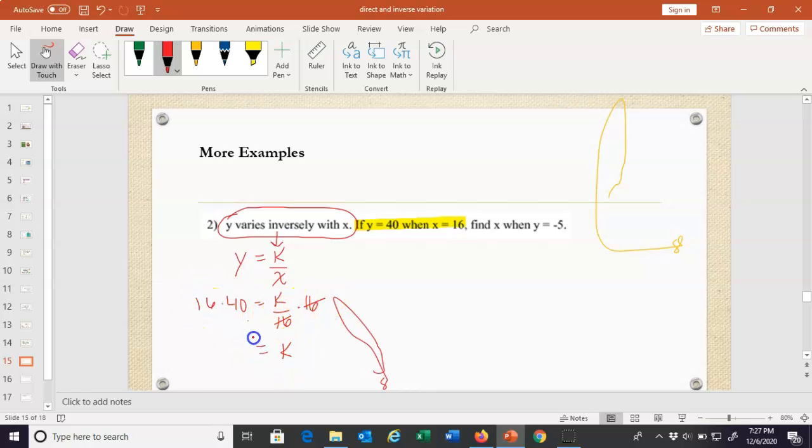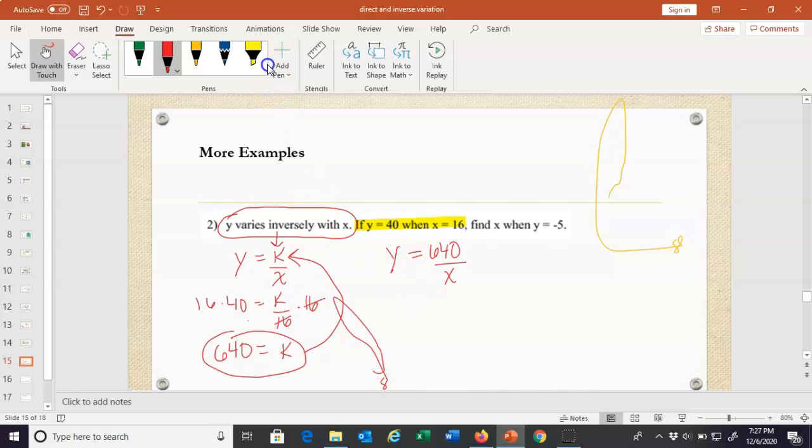We get k equals, this is a big number. I just plugged it in my calculator and I got 640. K is huge. So now you can use the k value and plug it into our general form. So it's y equals 640 over x. Now we have the rule.